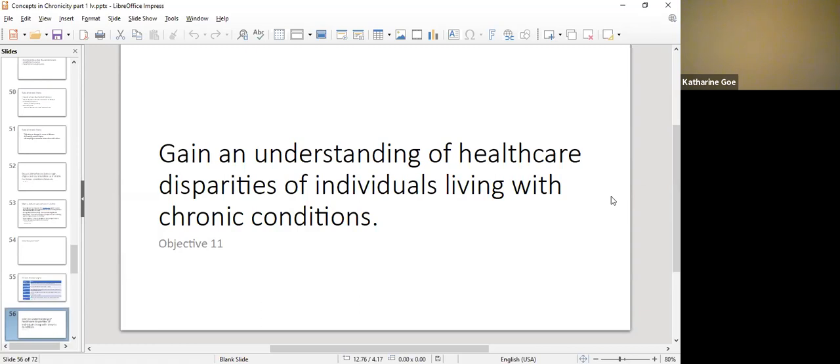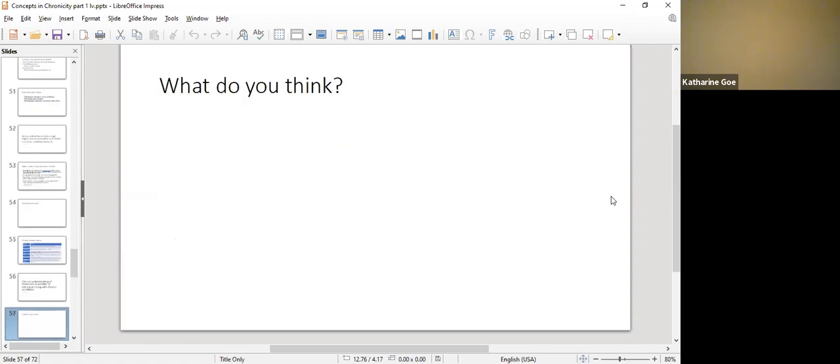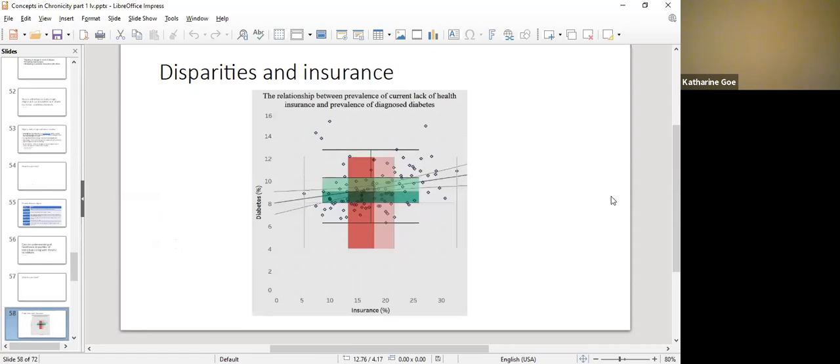So let's look at some disparities. We talked about this already a little bit. What do you think about it? Here's a graph that shows the prevalence of diabetes, which is a chronic illness, and the prevalence of insurance. As you can see, people with diabetes are less apt to be insured.